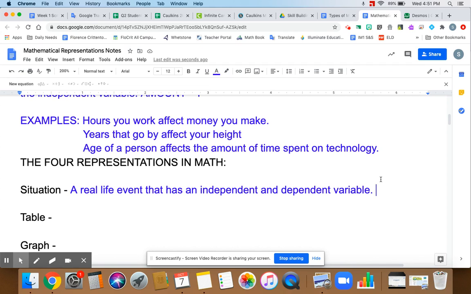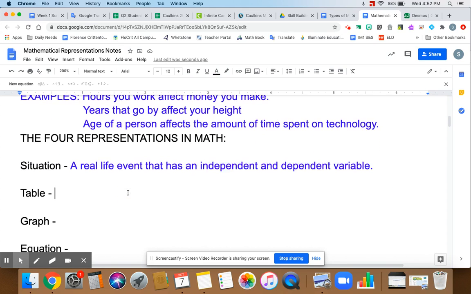That has nothing to do with math until I said after 3 seconds I was this close to the grocery store, and then after 5 seconds I was this close, because then how close I was depends on how much time has gone by. So in order for it to be a mathematical representation, it has to have both the independent and dependent variable.